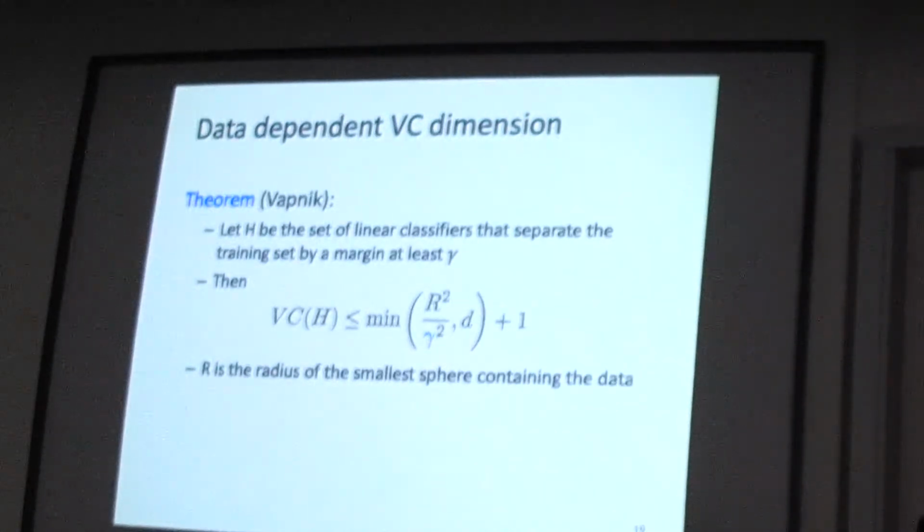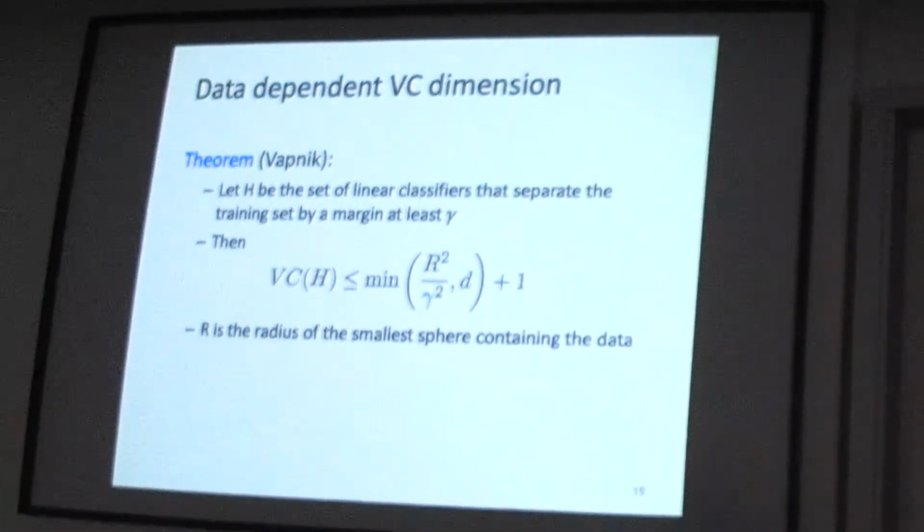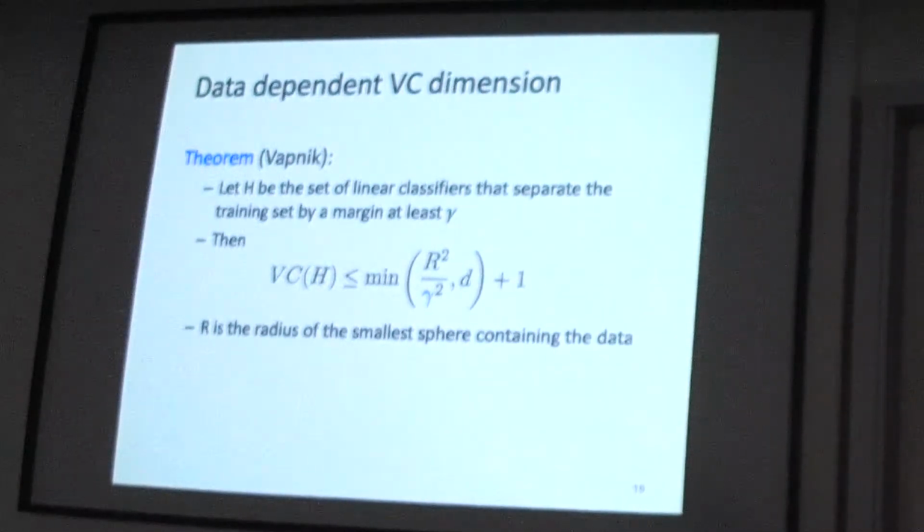Okay, next, the theory from the left connects this margin-indexed linear classifiers and the VC dimension. This theorem tells us that suppose I have a set of linear classifiers H that can separate the training data by a margin of at least gamma.